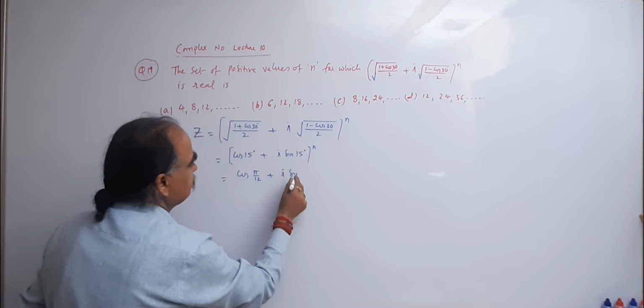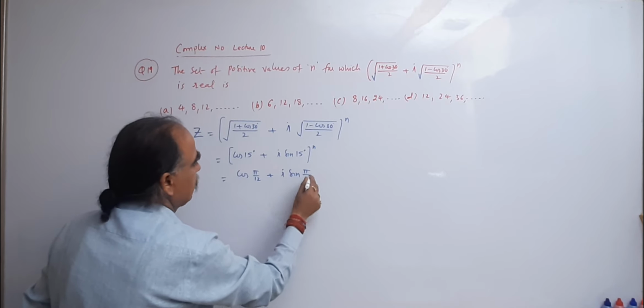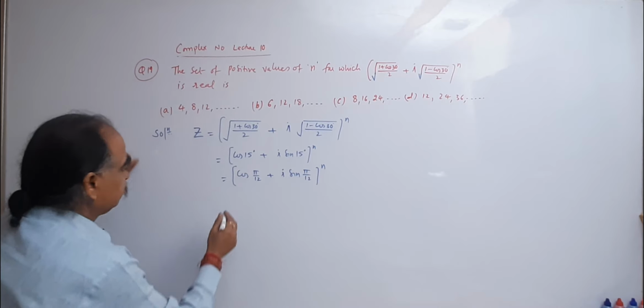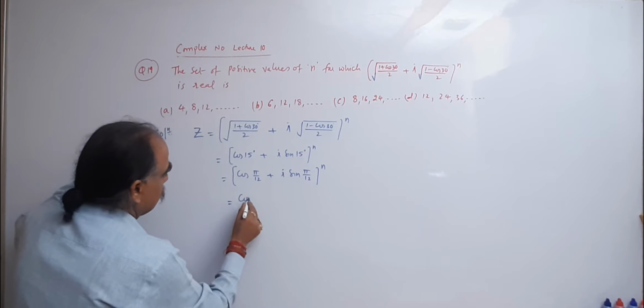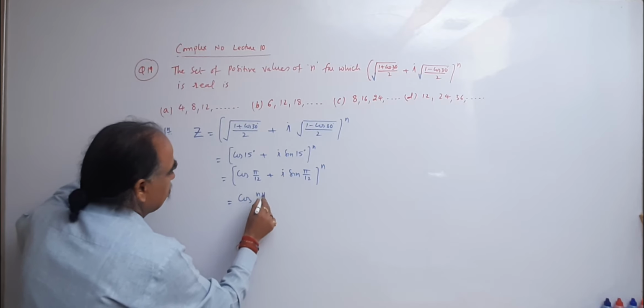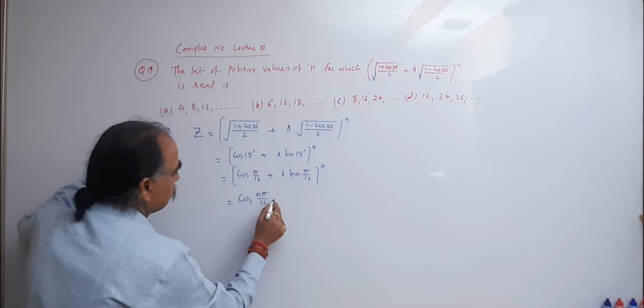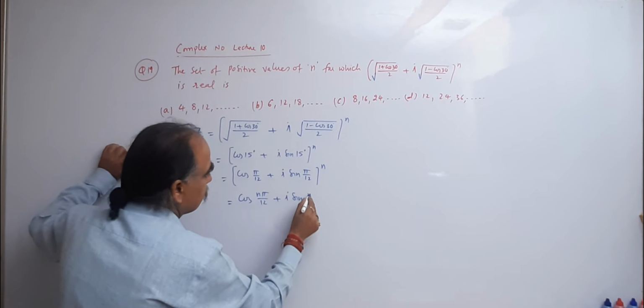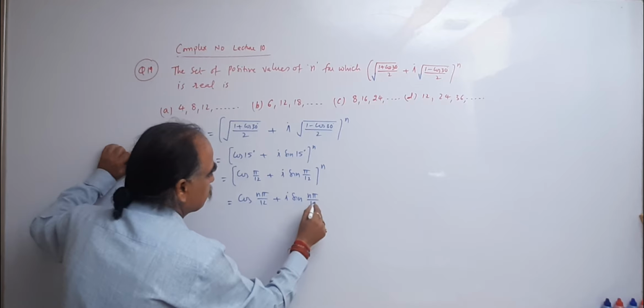So (cos pi by 12 plus i sin pi by 12) raised to n will give you cos n pi by 12 plus i sin n pi by 12.